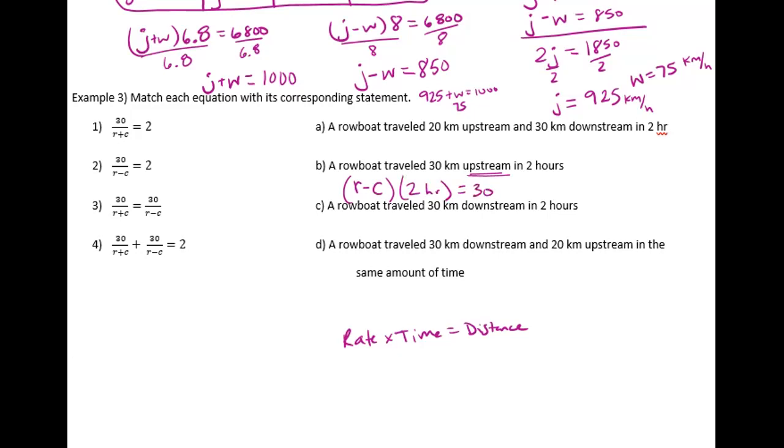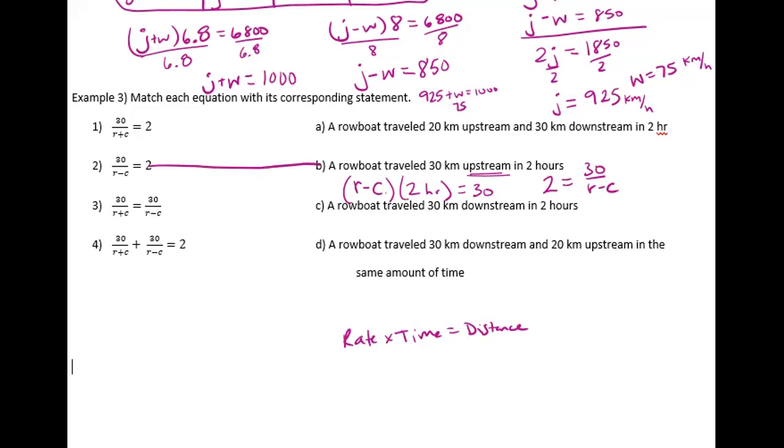So again, none of them look like that. However, I see that the R's and the C's are always in the denominator. So I'm going to try dividing by the R minus C. So if I divide by R minus C on both sides, I'm going to have that 2 equals 30 over R minus C. And that is one of our equations. So that one matches right there.